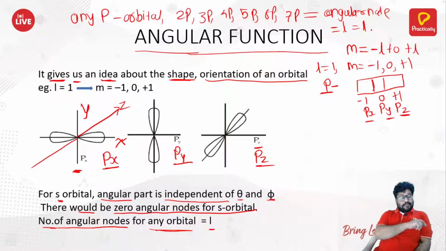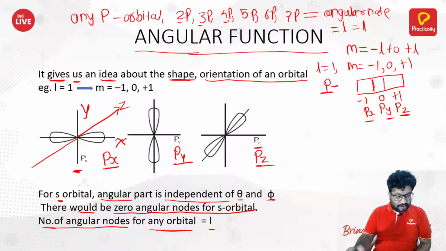So for all of them, the angular node is equal to 1. However, their radial nodes will differ. Why? Because the formula for radial nodes is n minus L minus 1. The formula has the value of n, and as the value of n changes from 2p, 3p, 4p, 5p, the number of radial nodes will also change. But for angular nodes, L will be constant.